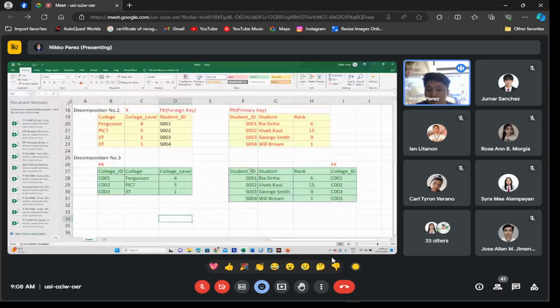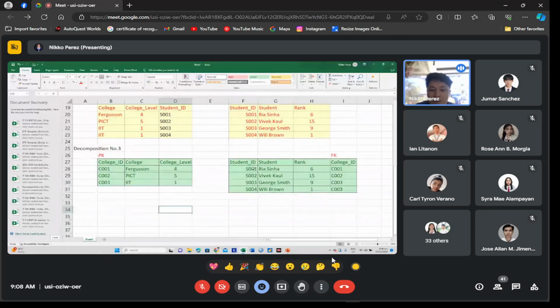Now, by viewing this type of relationship, I can interpret the records from the student table. Ria Sinha belongs to the college ID C001, and this C001 has its own records. C002 has its equivalent records, and also C003.